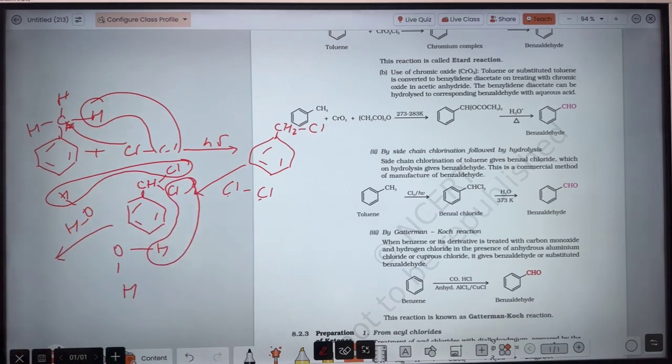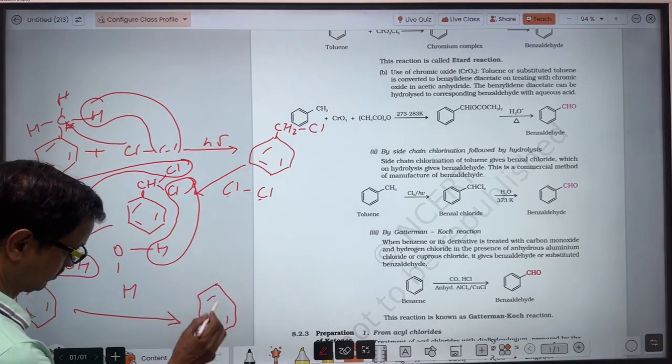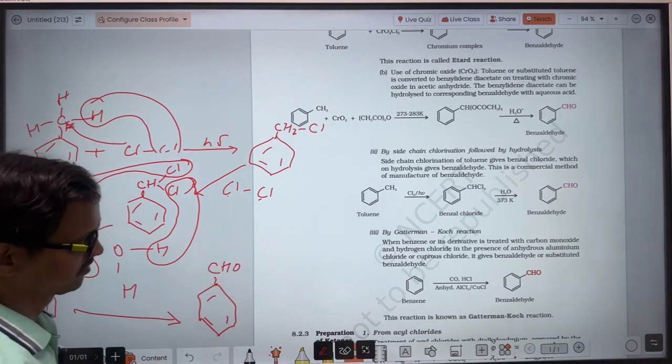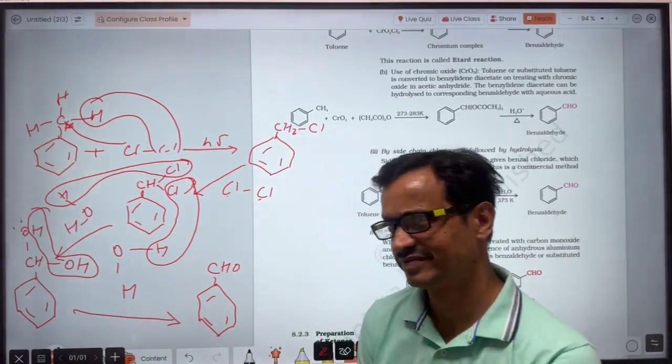So the two OH groups will bond to this carbon. Now the two OH groups are present on the same carbon, so the compound will be unstable. So one hydrogen will combine with one OH to form H2O. This oxygen will form a double bond to this carbon. In this way, there is formation of aldehyde.